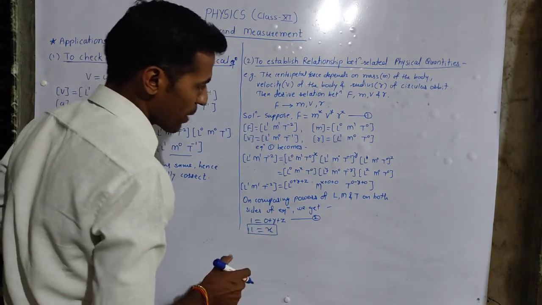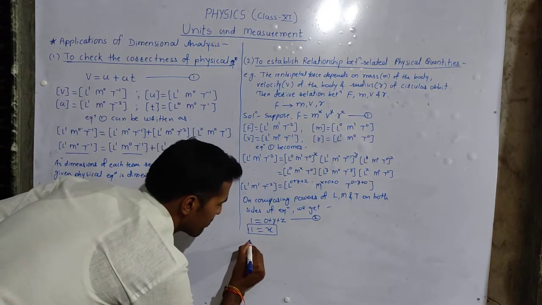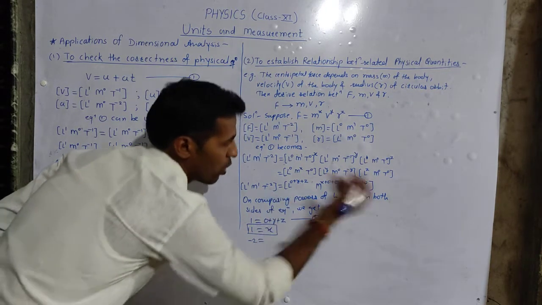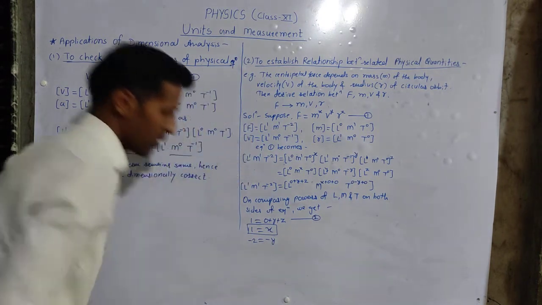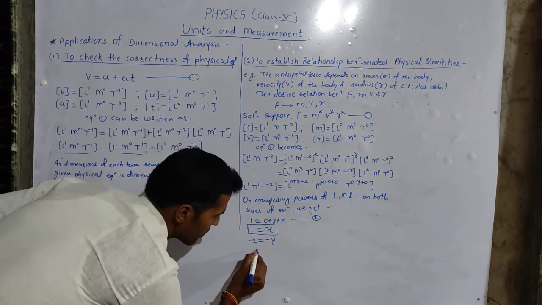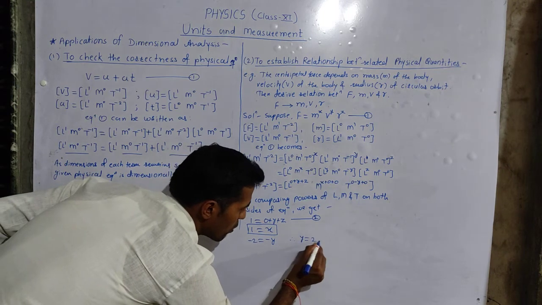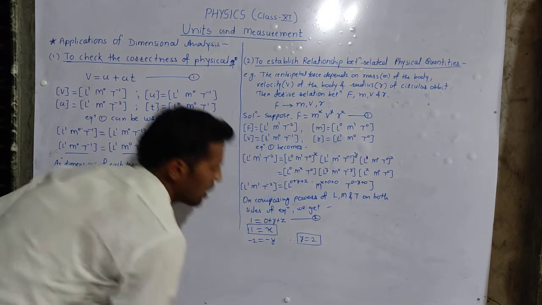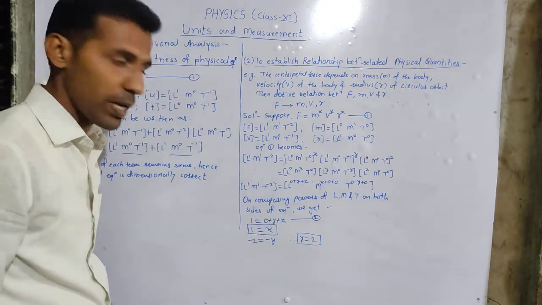Now finally compare the powers of T. On LHS power of T is minus 2, is equal to, on RHS power of T is minus Y. Okay, minus 2 is equal to minus Y. Therefore Y is equal to plus 2. In this way we get the values of X and Y.